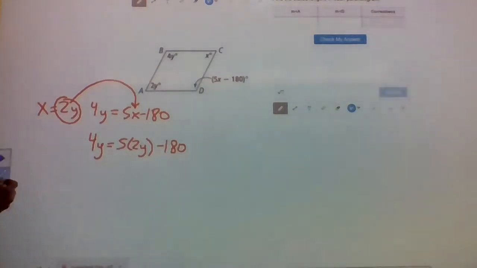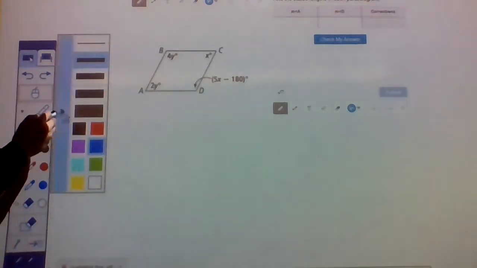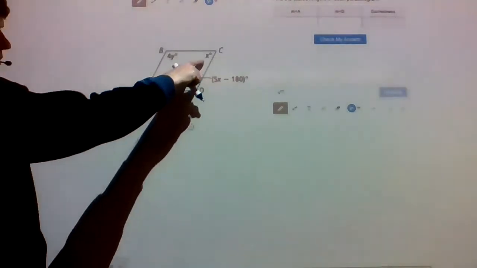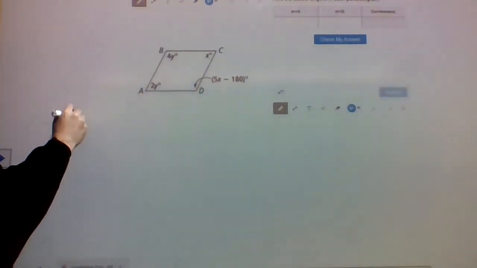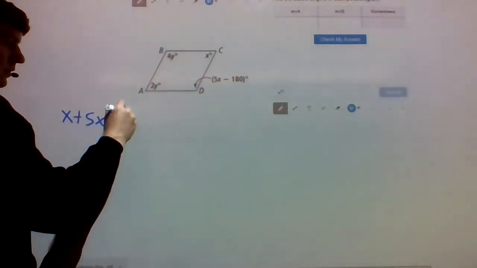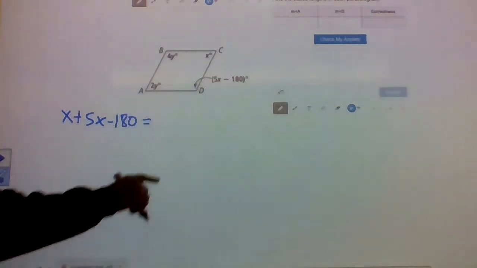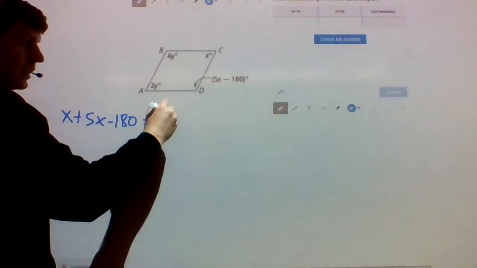But probably the easier way to do this one would be to just use the consecutive angles. So we know x plus 5x minus 180 is going to equal 180, right? The consecutive angles add up to 180.